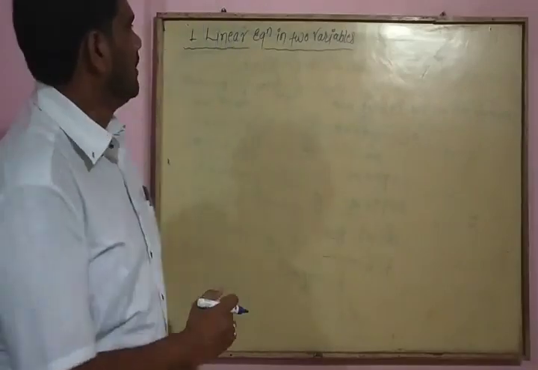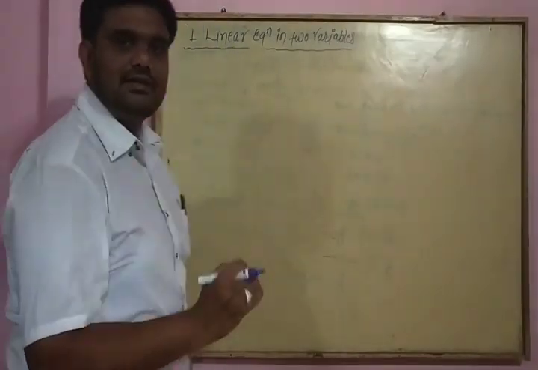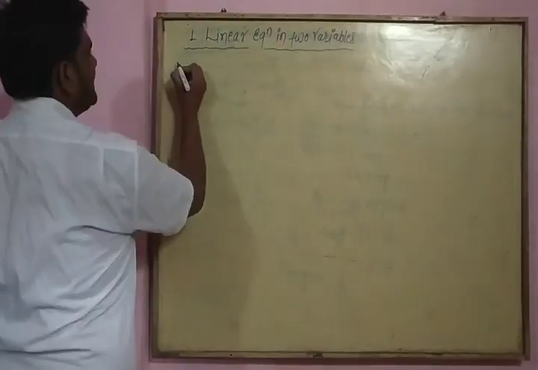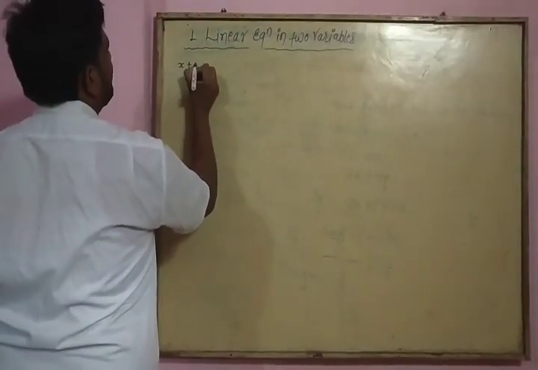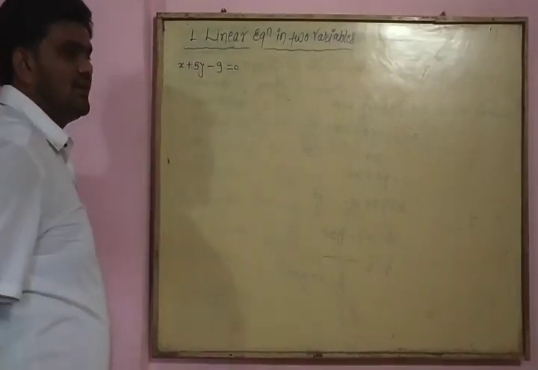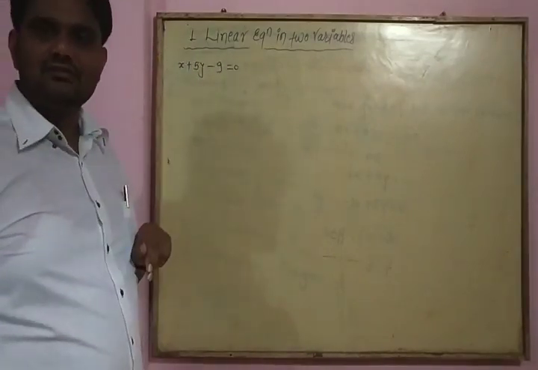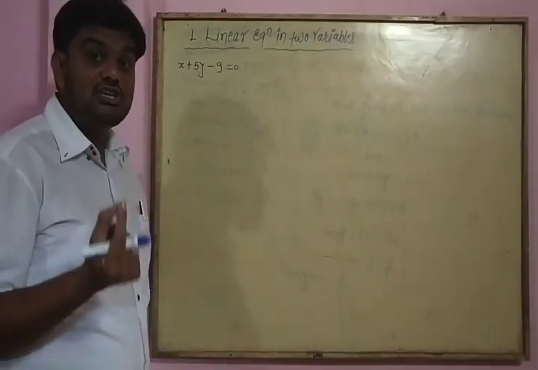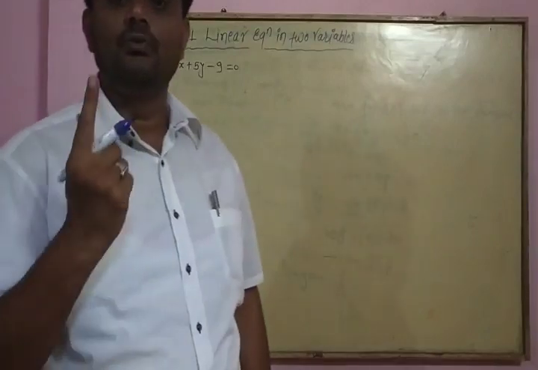Now students, how to identify linear equations in two variables? Suppose I write x plus 5y minus 9 equal to 0. Is this a linear equation? First we have to see that each variable has degree 1.